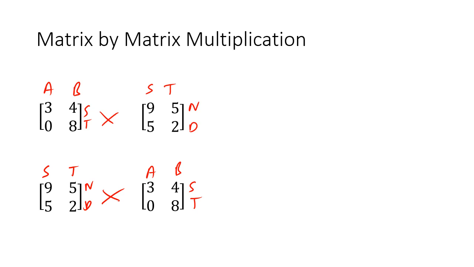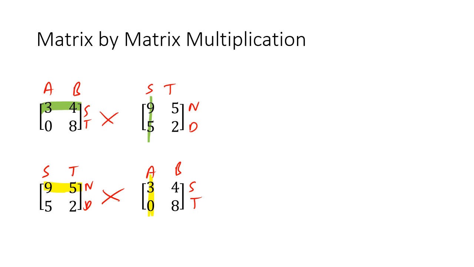And this goes back to what I was trying to say before about the lining up. This has sweaters and t-shirts. Sweaters and t-shirts has to line up with sweaters and t-shirts. But if you look at this top one, you've got A and B lining up with N and D. They're not the same letters.